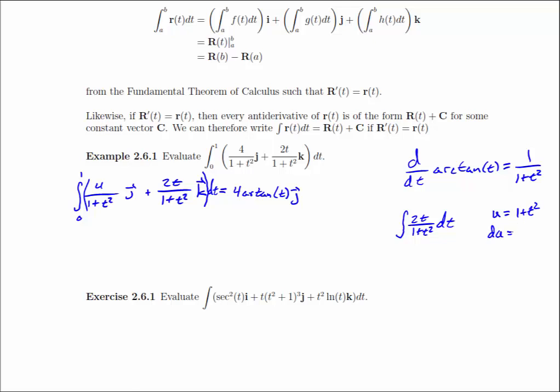So du equals 2t dt. So we see that we can replace the 2t dt with du, and we'll replace this with a u. So this is the integral of 1 over u du, which equals the natural log of u in absolute values, plus some constant. We're not going to use the constant in our context since this is a definite integral going from 0 to 1. So here I will just put u back in as 1 plus t squared.